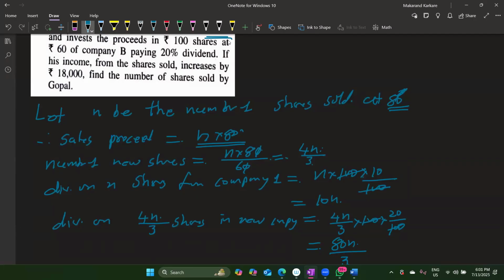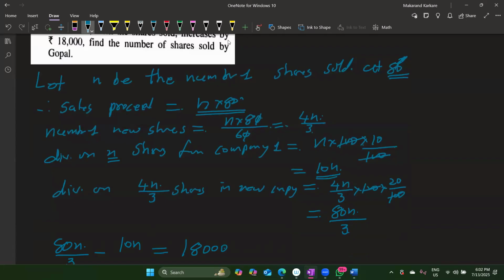Now dividend on N shares from the first company is going to be N into 100 into 10 upon 100, because it was giving 10% dividend. That's going to be 10N.